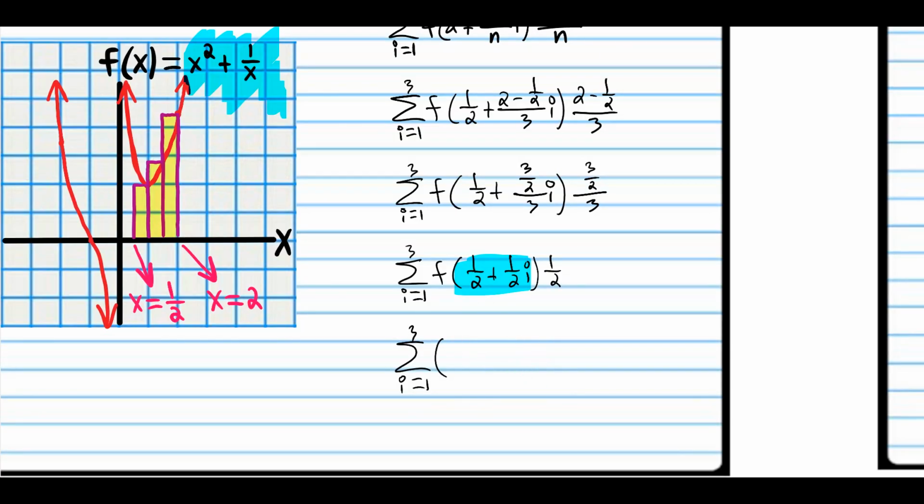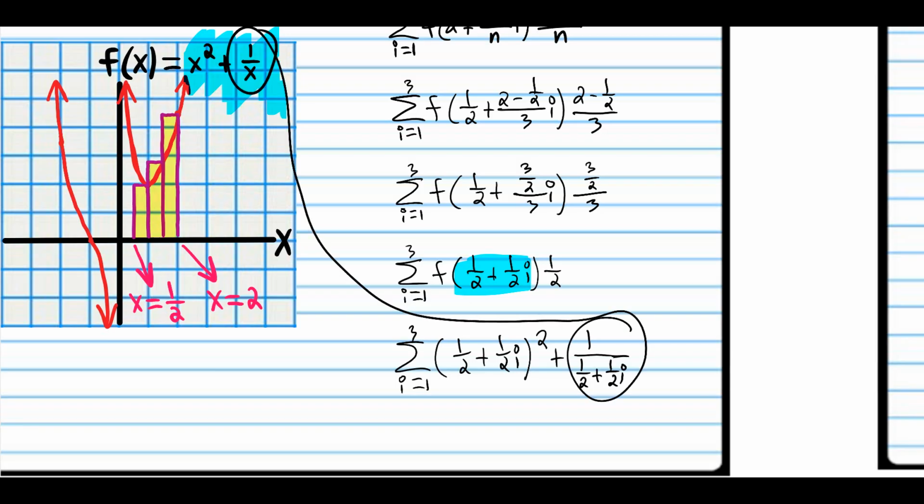So I'm going to plug in 1/2 plus 1/2 i, and I'm going to square it. Why? Because we're squaring up here, right? Then I'm going to add 1 over the same thing, 1/2 plus 1/2 i. This came from here.